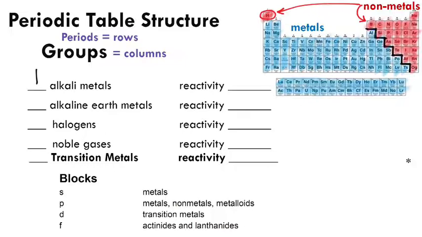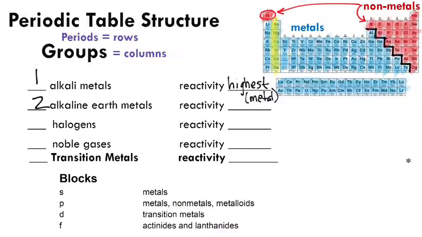So they're actually pretty aggressive about getting rid of that electron, which means that they have the highest reactivity of all of the metals. The alkaline earth metals are right next to them in the second column. These names are so similar, and they're so close together on the periodic table as well.